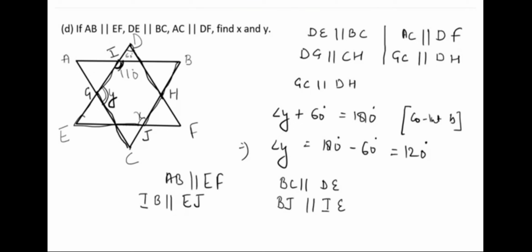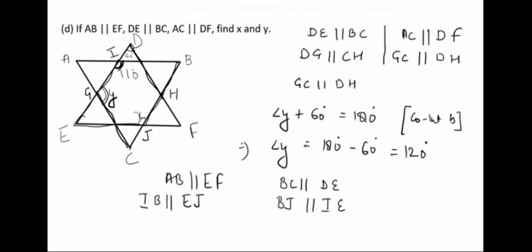Look the figure, DG parallel CH, because this is the part. AC parallel DF, so we can say GC parallel DH.